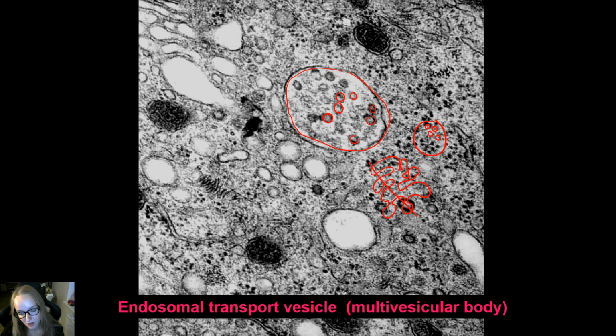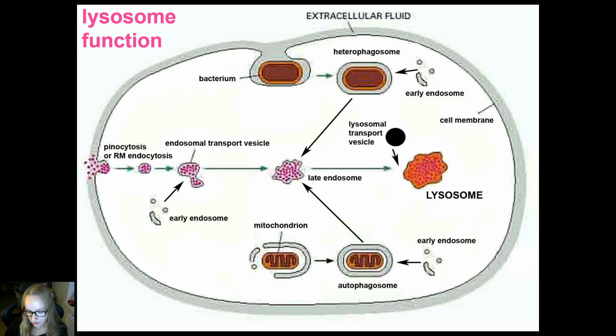And this multivesicular body is transported and then creates something called a late endosome, which fuses with a lysosomal transport vesicle and creates a lysosome.